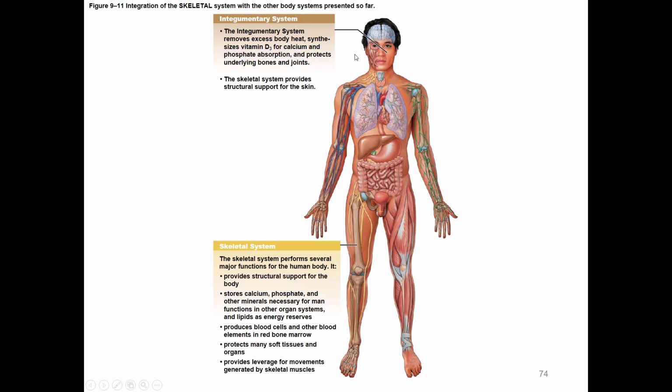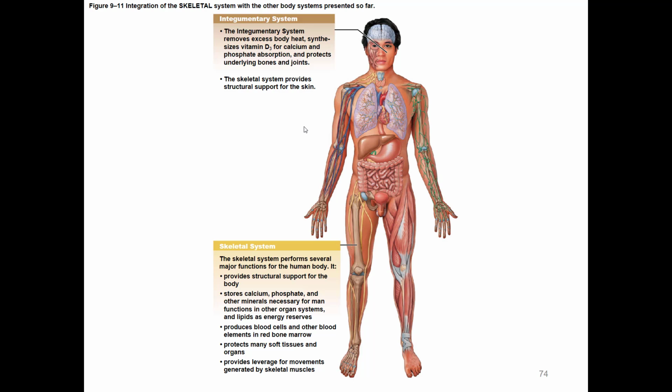So this figure shows the interaction of the skeletal system with other body systems. So in the integument, we know that we talked about how we're able to absorb vitamin D3, and that helps us to better absorb calcium in the gut by receiving ultraviolet light through the skin.